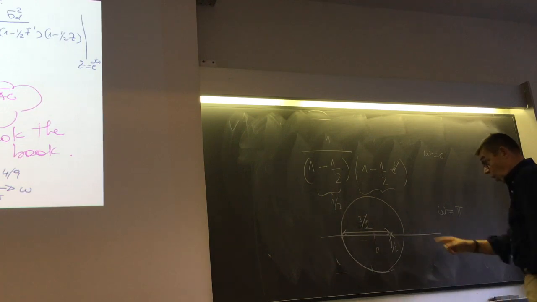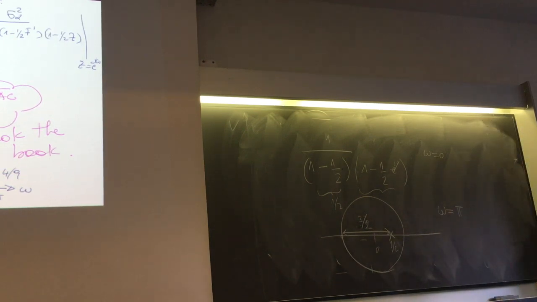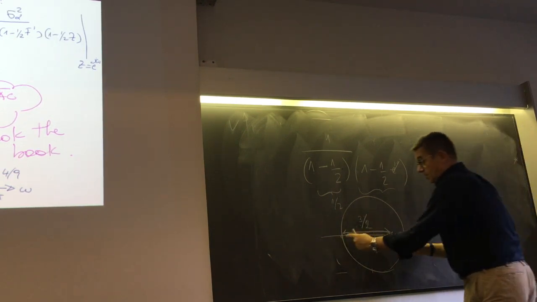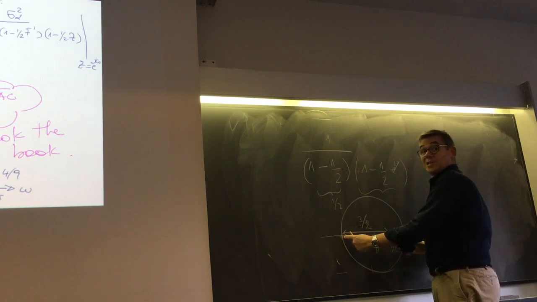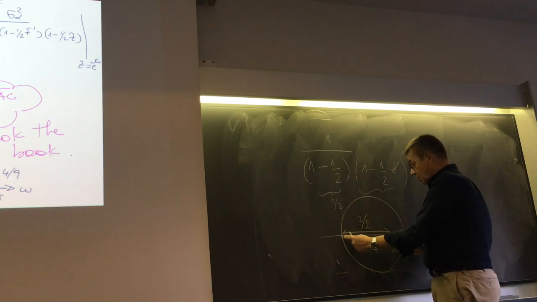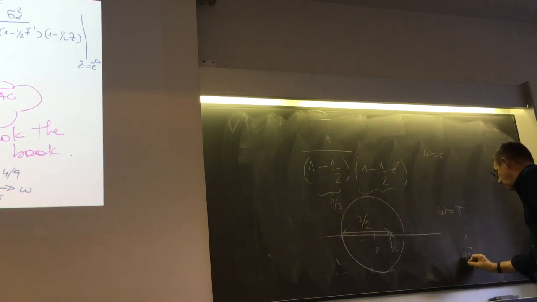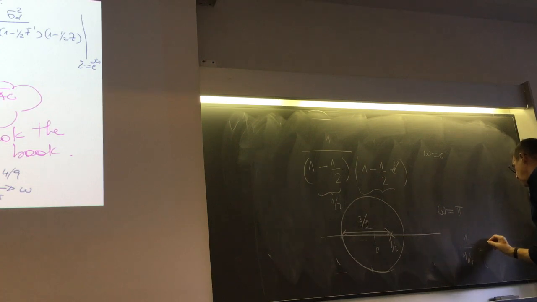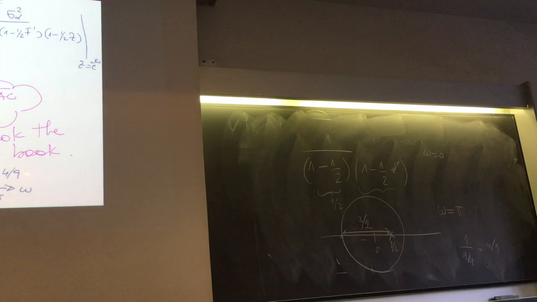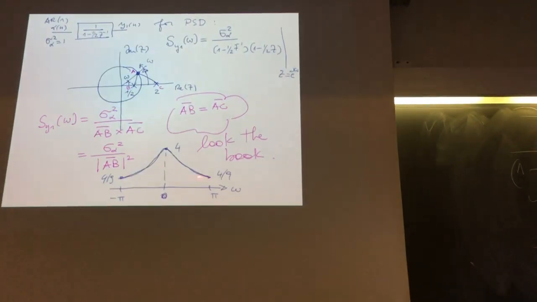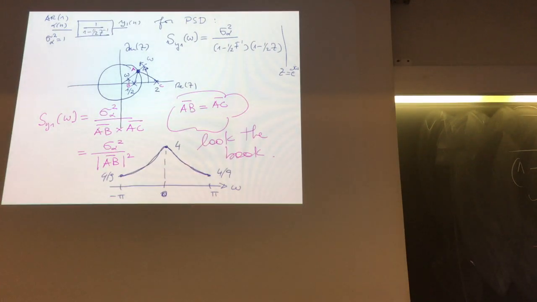So that one is for omega equal pi. Then the distance is 3 divided by 2, squared, which is 9 divided by 4. So it is 1 divided by 9/4, which makes 4 divided by 9. And this is the value at the point omega equal pi.